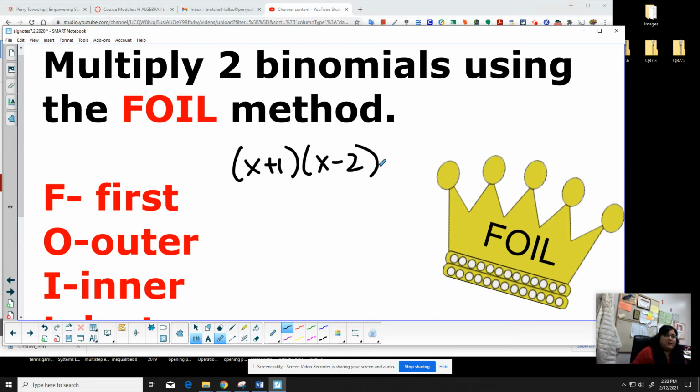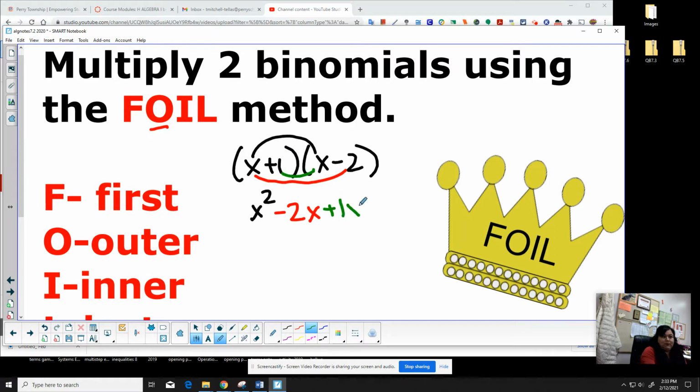So first I multiply my first two terms. So x times x, that would be x squared. And then I multiply my outer terms for O. So that's x times negative 2, which is negative 2x. And then I multiply my inner terms, which is 1 times x.